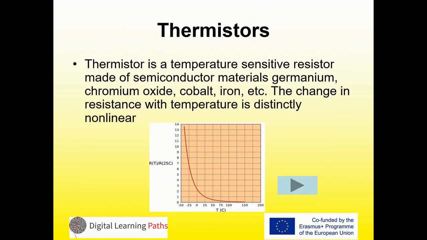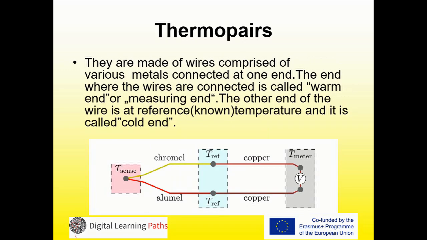Thermistors. A thermistor is a temperature-sensitive resistor made of semiconductor materials like germanium, chromium oxide, cobalt, iron, etc. The change in resistance with temperature is distinctly nonlinear. Thermopairs. They are made of wires comprised of various metals connected at one end.